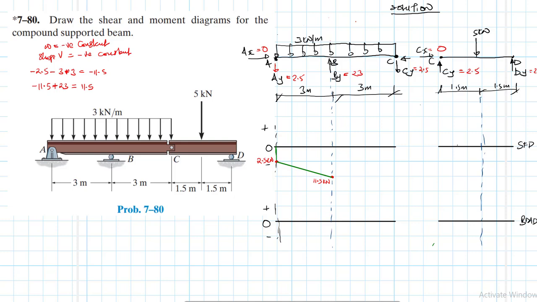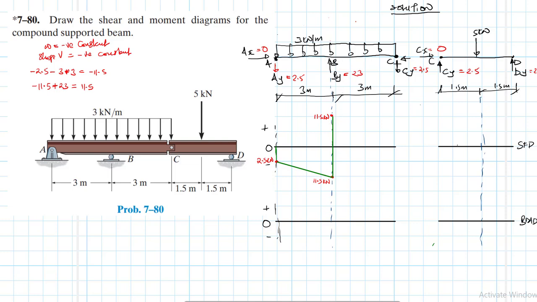So this value will be increased to a point 11.5 in the positive region. So there we go, we have 11.5 kilonewtons.